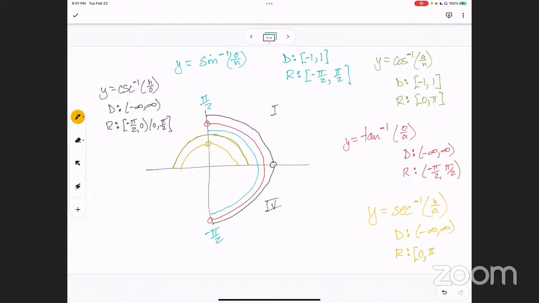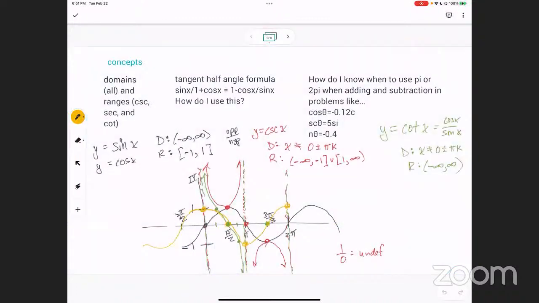Yeah. So it's from 0 to pi over 2, and then from pi over 2 to pi. Okay, so remember that picture when you're trying to figure these things out. Okay. So there's that covered.